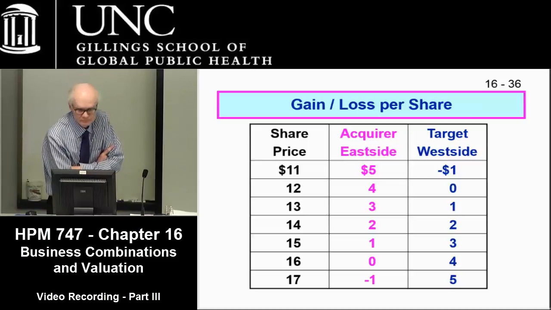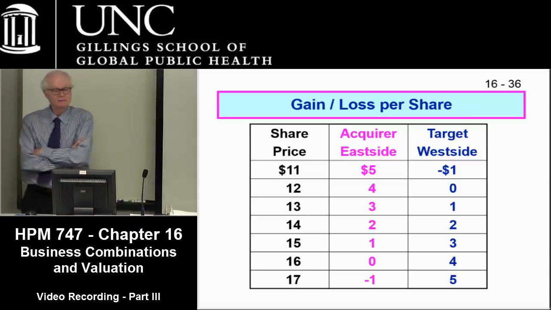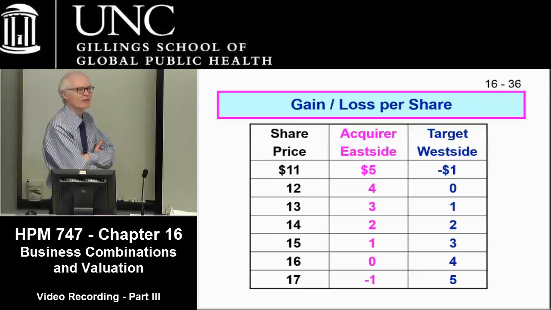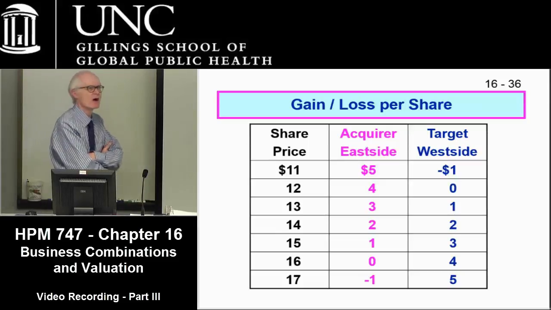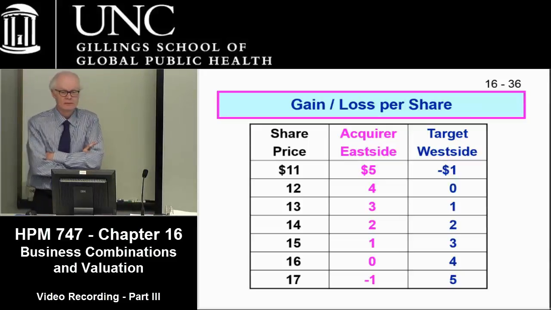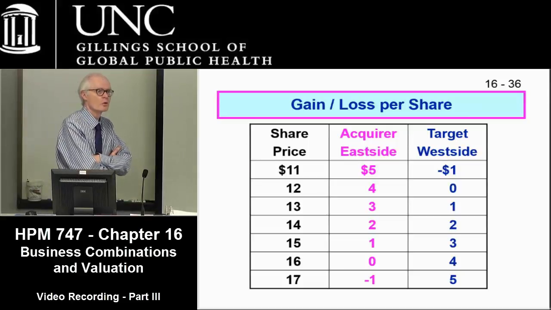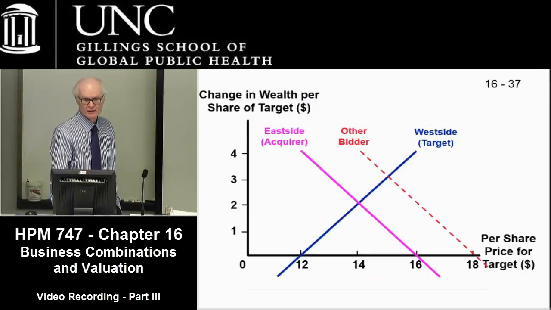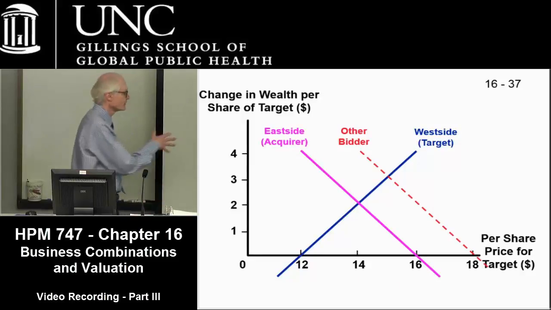Westside wins and the acquirer actually loses money because they're paying $1 more per share than what it's worth. So the target makes out like a bandit, and the acquirer loses money because they're paying more than what it's actually worth. So again, you can see this in this nice little graph.